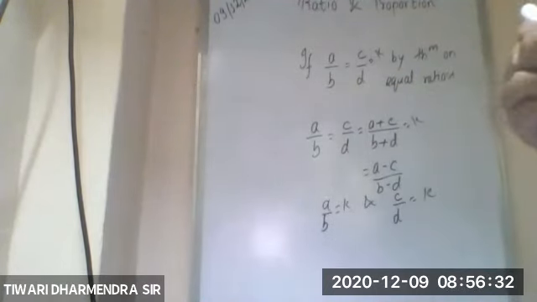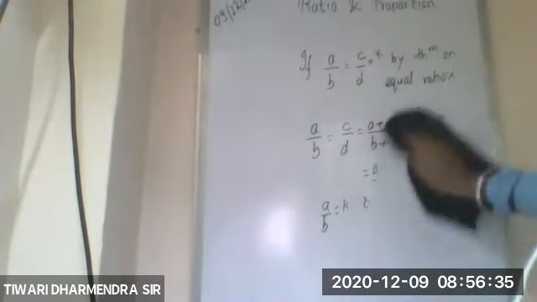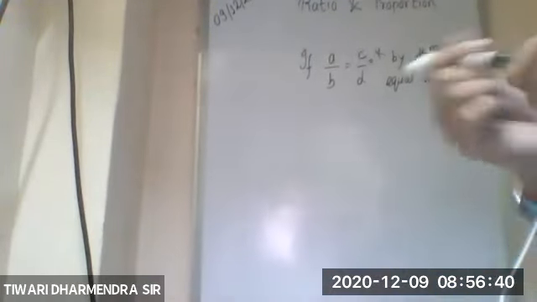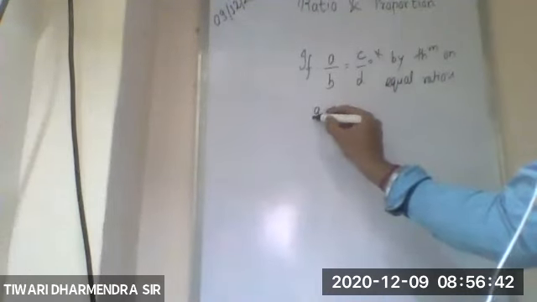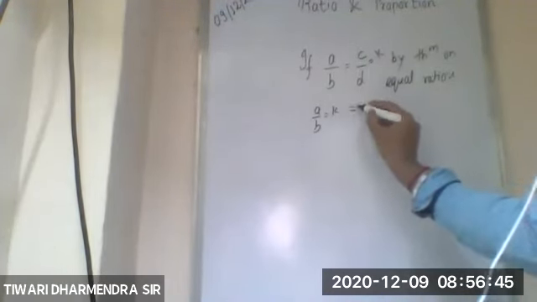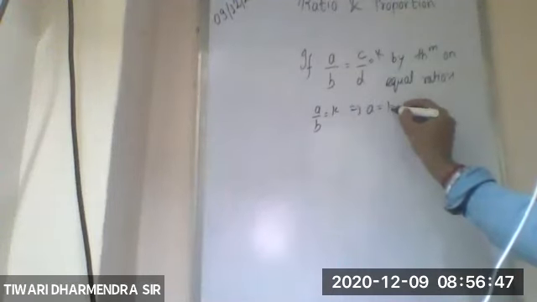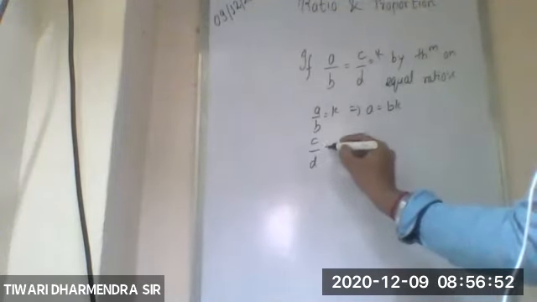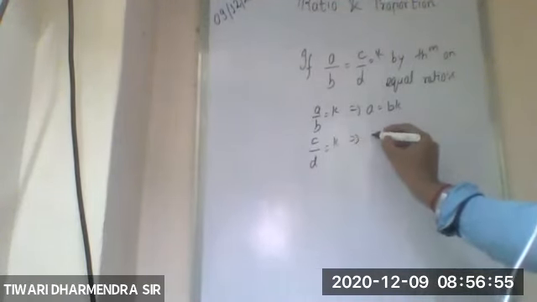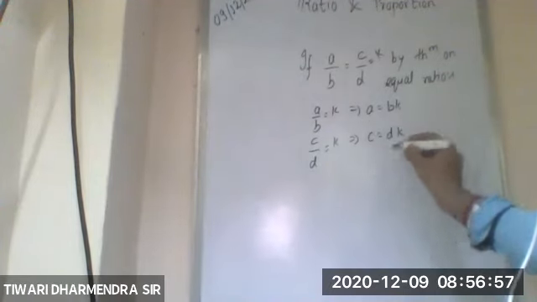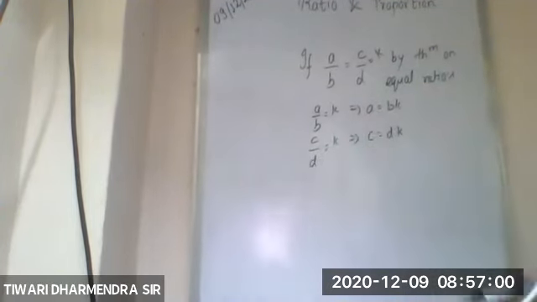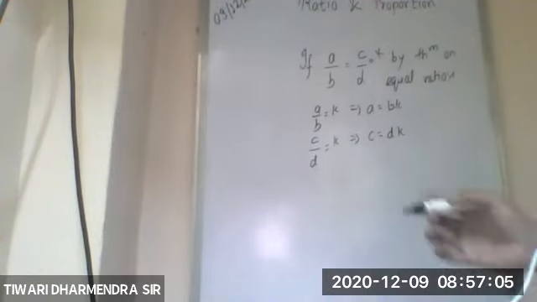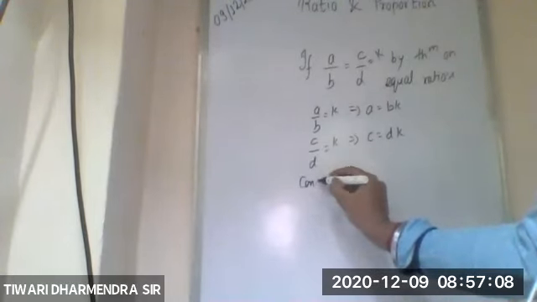So let's start. a by b equal to k implies the value of a is equal to bk. c by d equal to k implies c equal to dk. I'm just taking the denominator to the right hand side, which takes the form of multiplication.